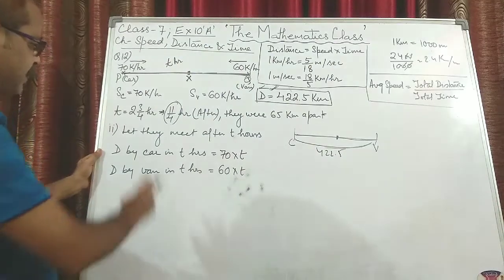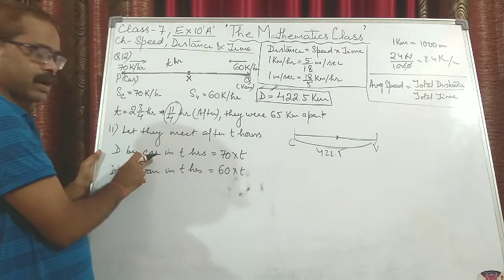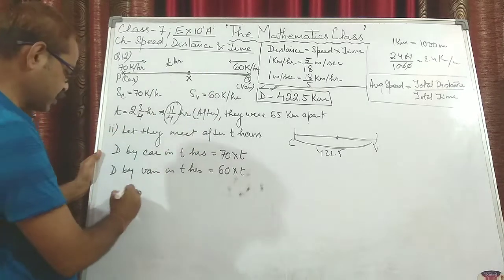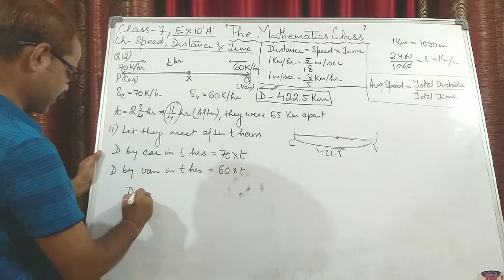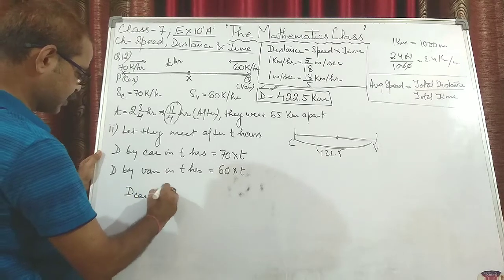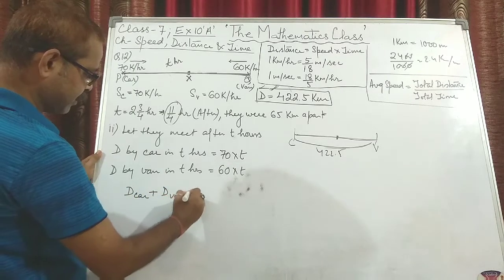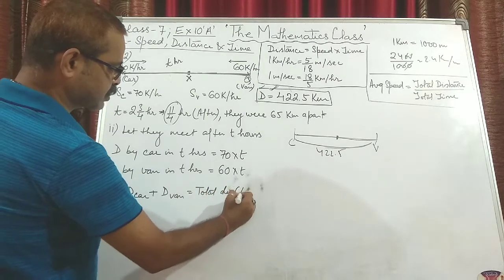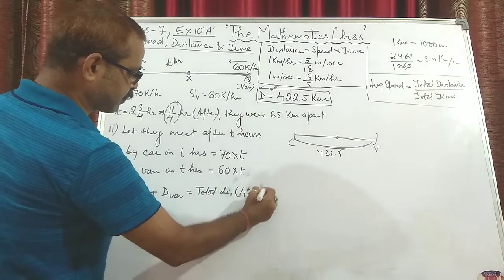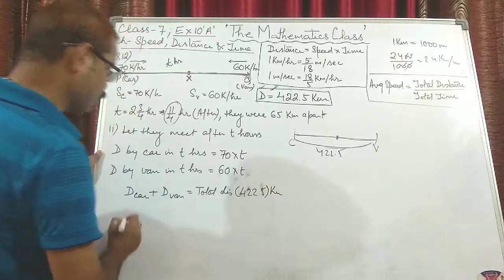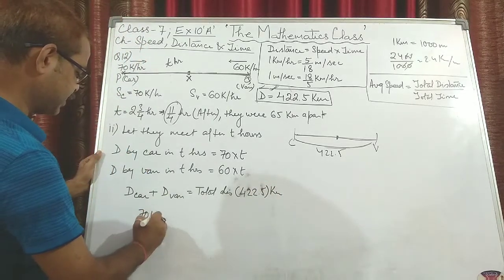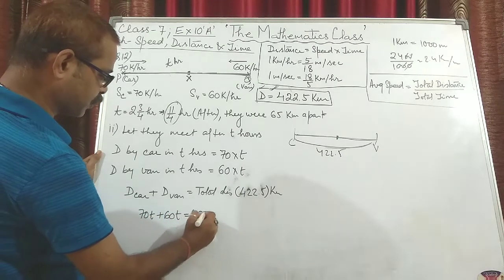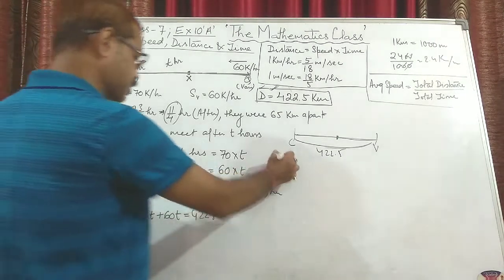So the distance traveled by car plus the distance traveled by van is equal to the total distance. So 70t plus 60t is equal to 422.5 kilometers.